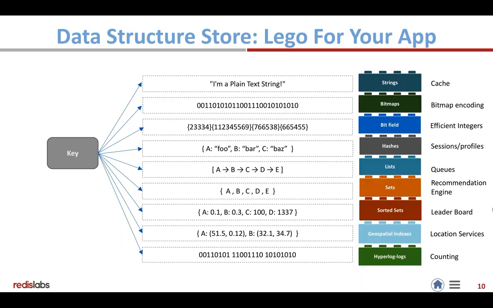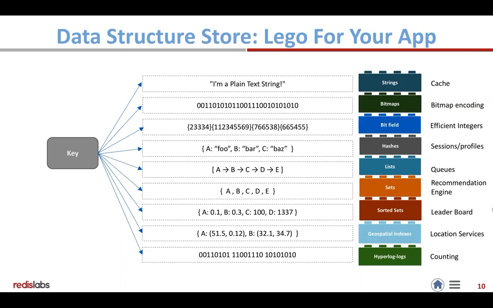So for user profiles, name, and then the value, and then you can get discrete values, update discrete values, increment discrete values, and if you want to get just a bunch of values using hashes, you can get those.